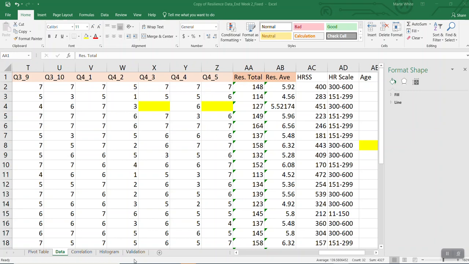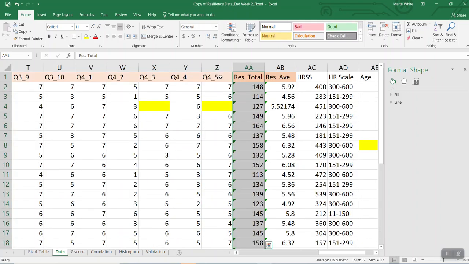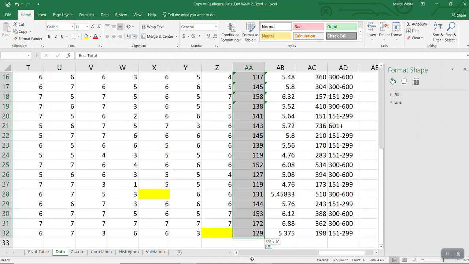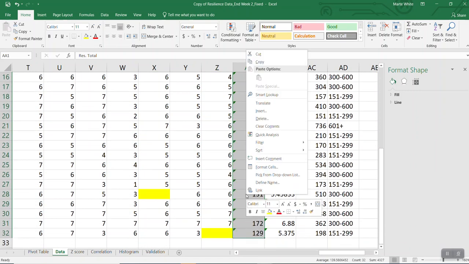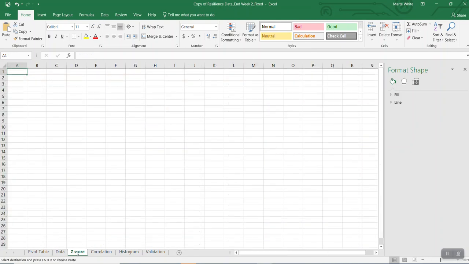The first thing we're going to do is add another tab, and we're going to call this one z-scores. Now let's go back to the data. I already have it highlighted, but highlight the resiliency total scores and copy those, and bring them back to the z-scores tab.